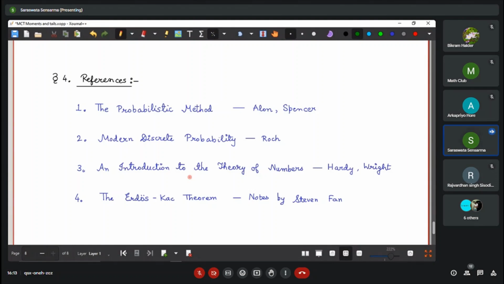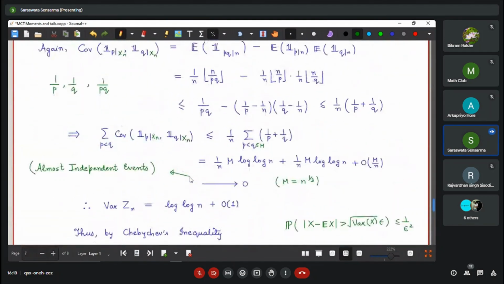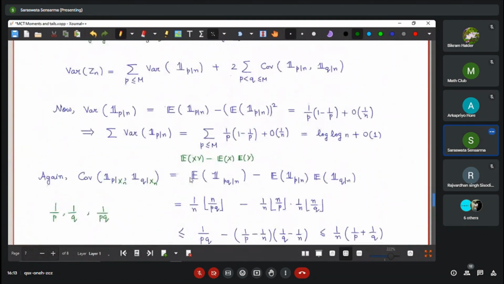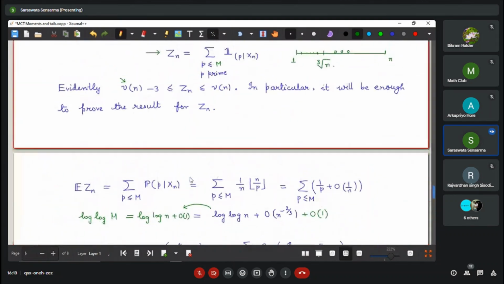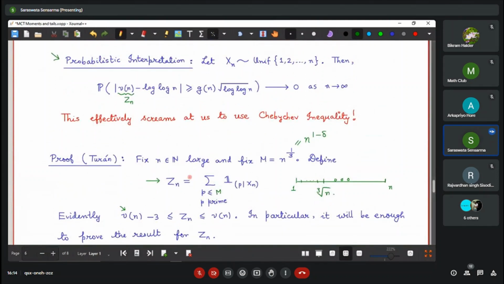So this proof by Turan was one of the first proofs which showed how the techniques of probability and combinatorics can be used, I shouldn't say it was the first, but one of the proofs which started this idea of probabilistic number theory.